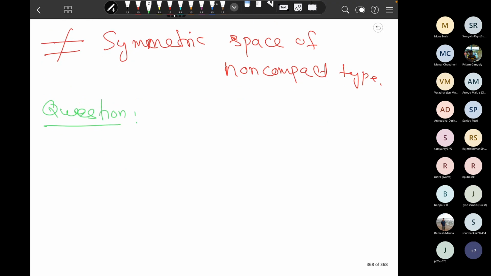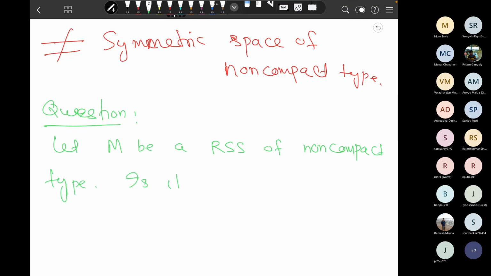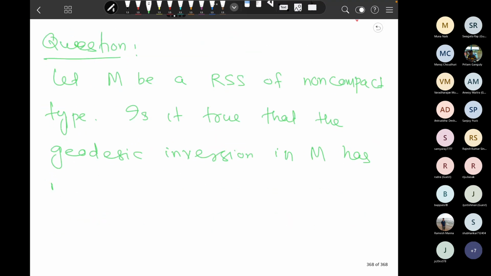Let M be a Riemannian symmetric space of non-compact type. Is it true that the geodesic inversion in M has more than one fixed point?